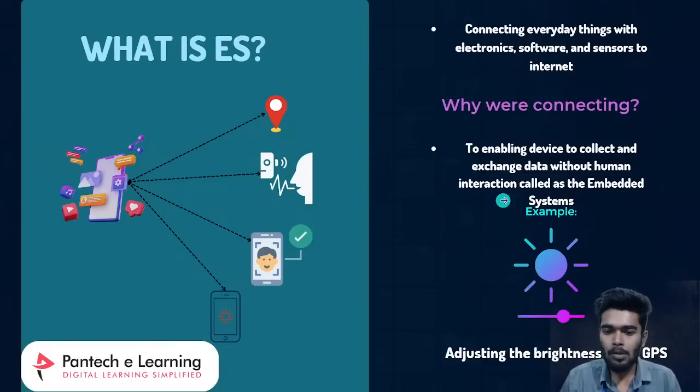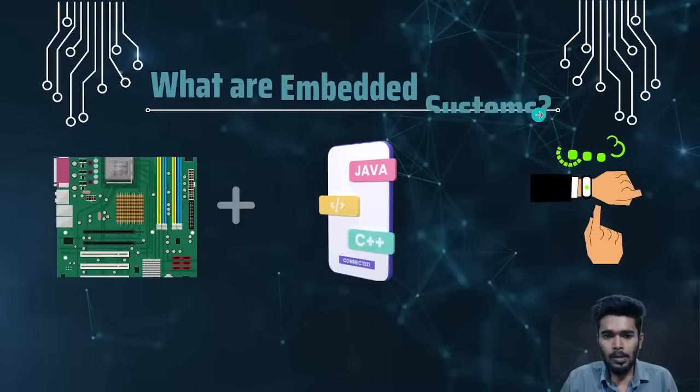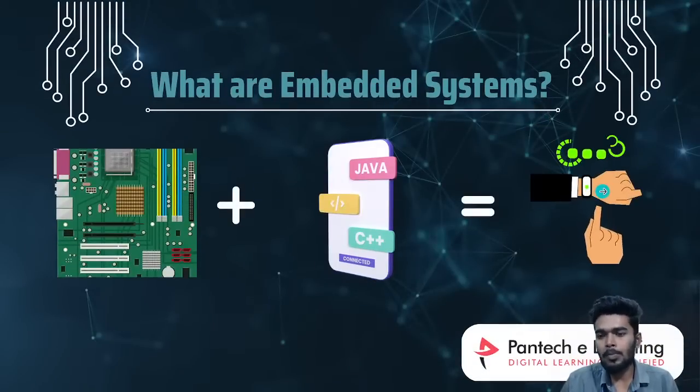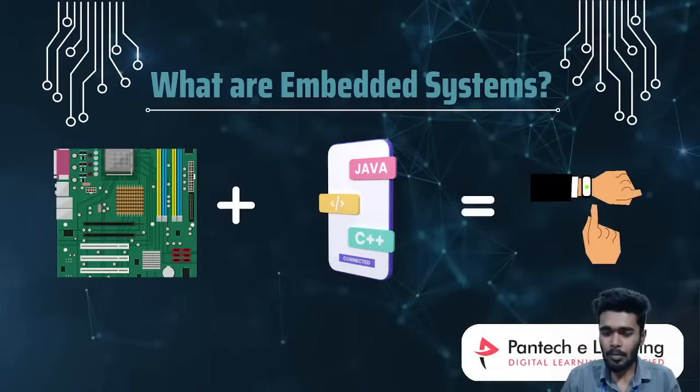Like a smartwatch, we can consider a smartwatch. A smartwatch is a good embedded system. In day-to-day life, you can see embedded systems everywhere. If you take a computer laptop, it is also built on embedded systems, monitors, TVs, smartwatches. Everything is built on embedded systems, because nothing can work without the IC or processors or controllers.